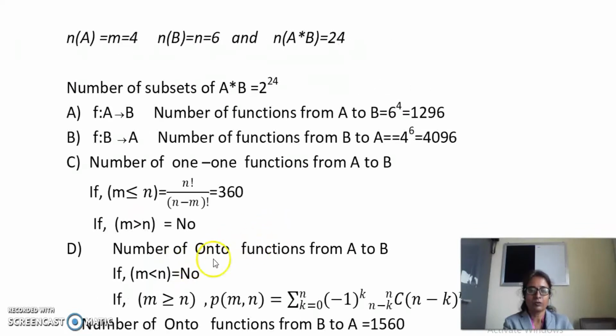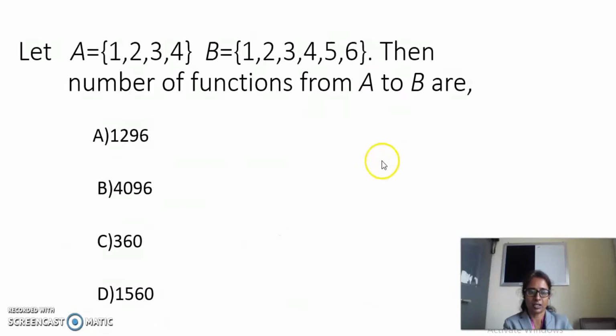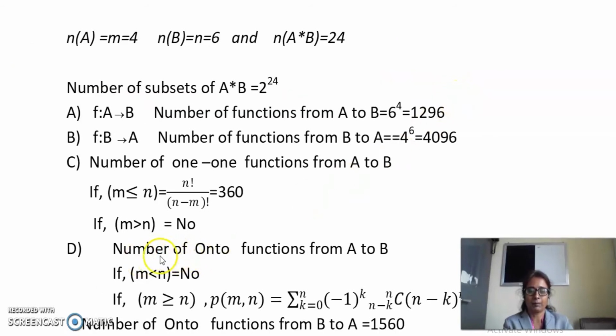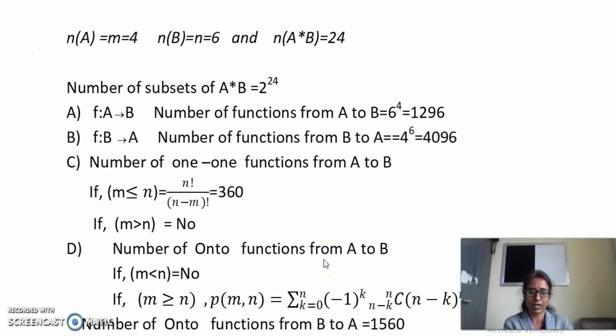Suppose the question is, how many onto functions are there from A to B? Come back to the definition: the number of onto functions from A to B, again with the condition m less than n.